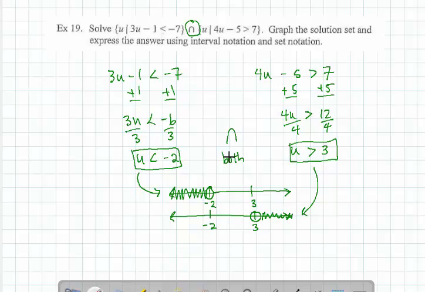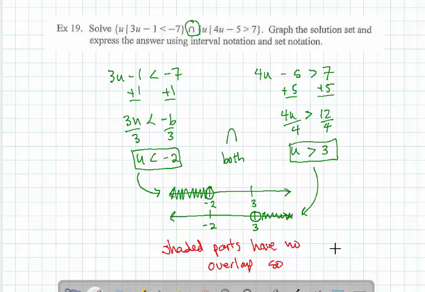Well, we want numbers that are in both this shaded part and that shaded part, but there are none. The shaded parts have no overlap.